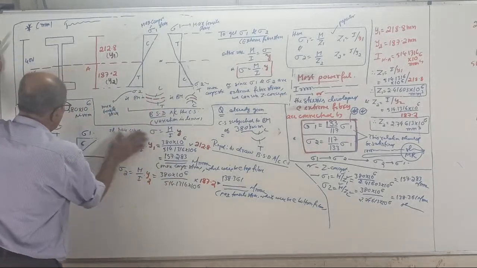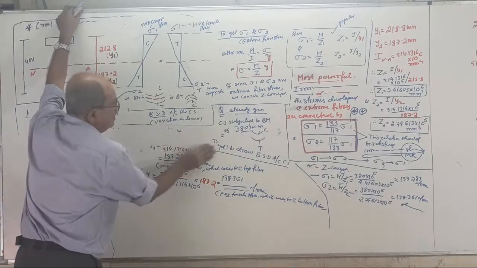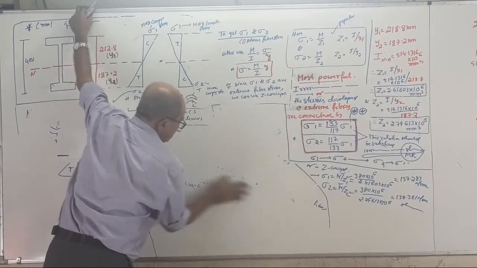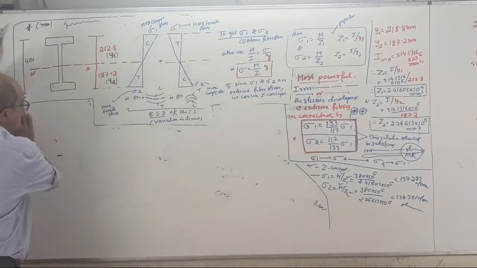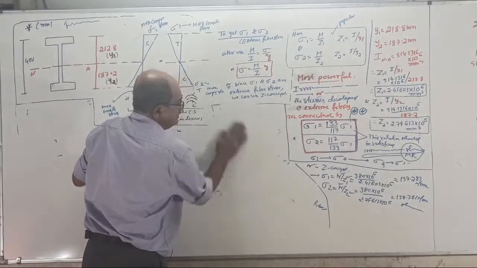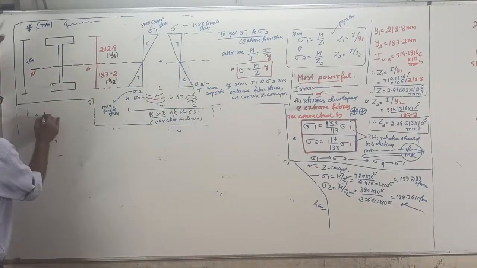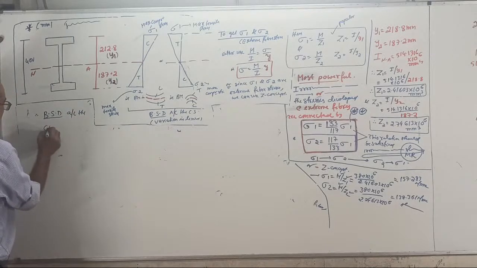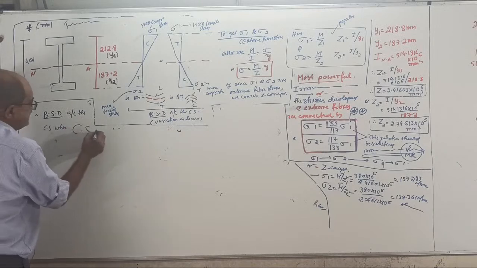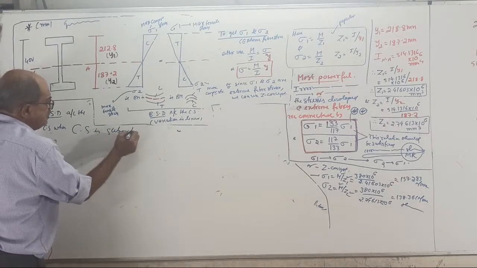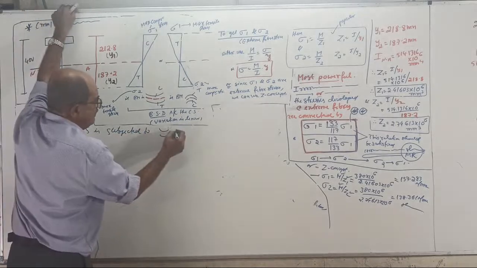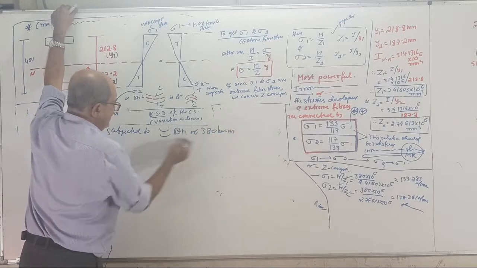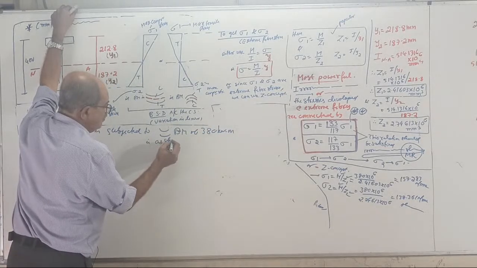Therefore, I'll write here: the bending stress distribution across the cross section, when the cross section is subjected to a sagging BM of 380 kN·m, is as shown below.